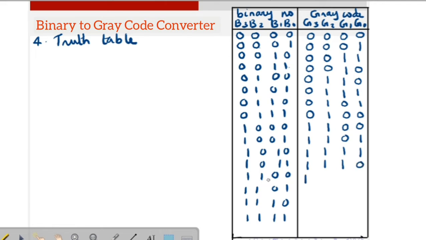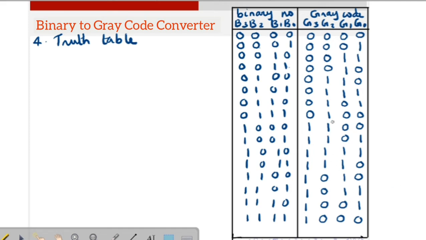Then 1, these two are same, 0, these two are different, 1, these two are same, 0. Then 1, these two are same, 0, these two bits are different, 1, these two bits are different, 1. Then 1, these two bits are same, 0, these two bits are same, 0, these two bits are different, 1. Then here 1, these two are same, 0, these two are same, 0, these two are same, 0.